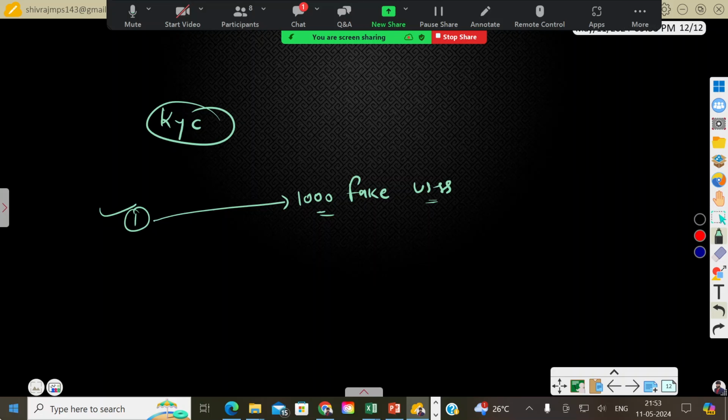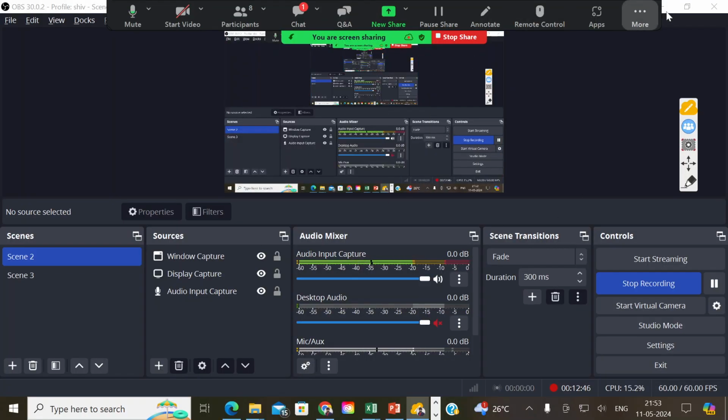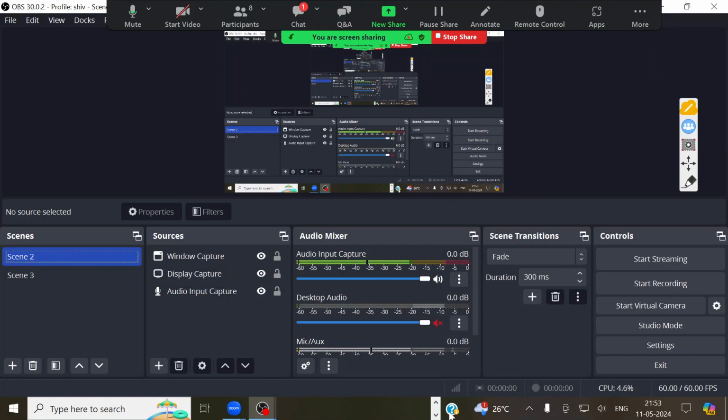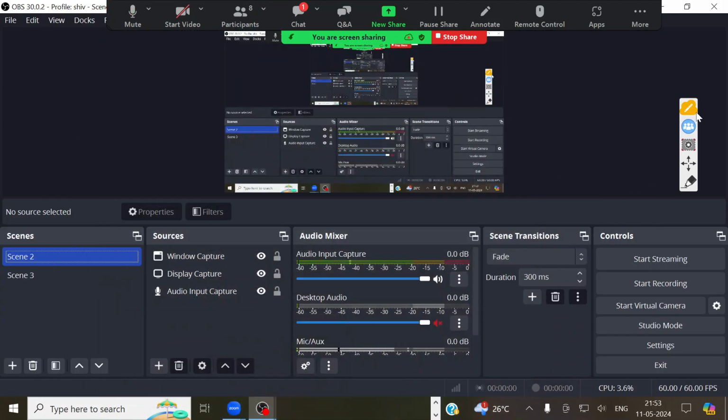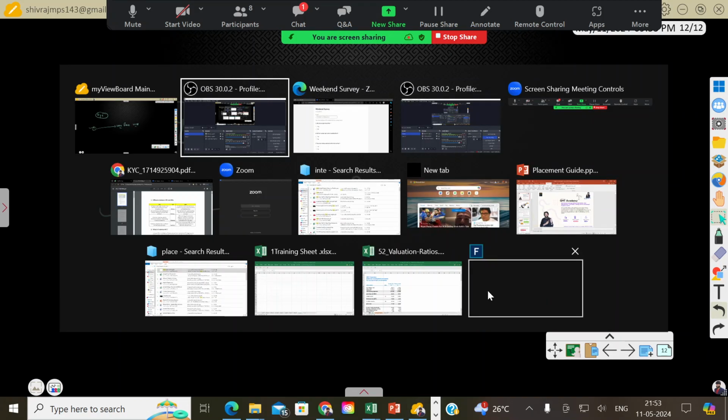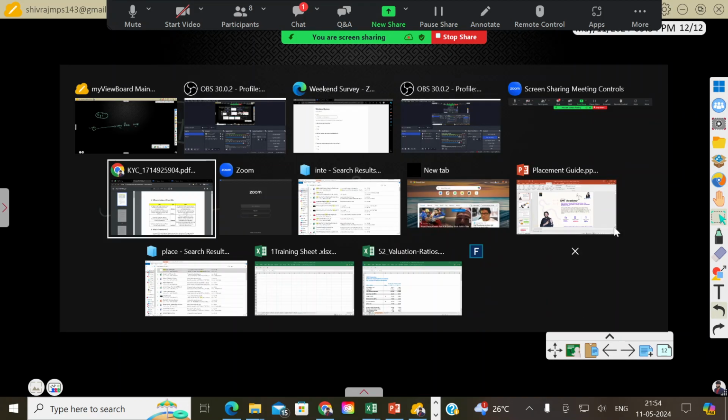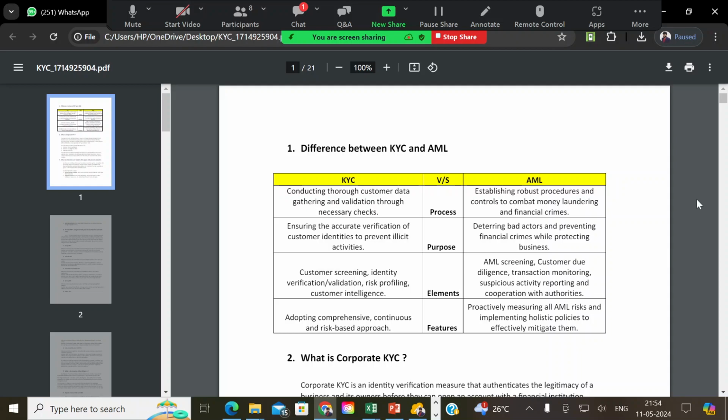All right. So let's try to understand some technical things of KYC. I have a document already. I had shared this document with you guys. I don't know whether you have gone through it or not. All right. So can you see this document, guys?